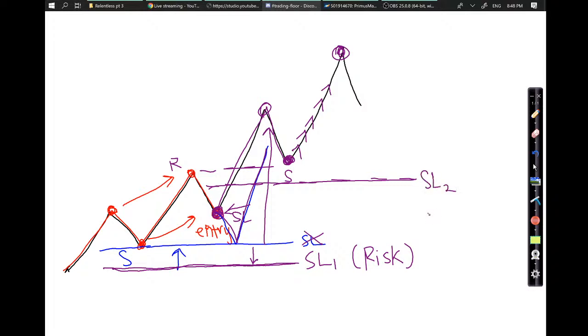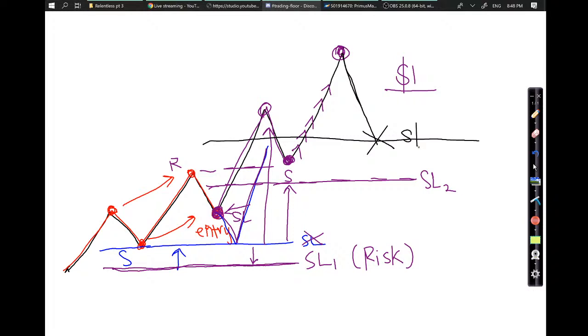Now you've locked in this amount of profit, and you continue to do this process for every $1 movement in the contract price. That's how I do it, until the market decides it's done rallying, comes down, and stops you out.